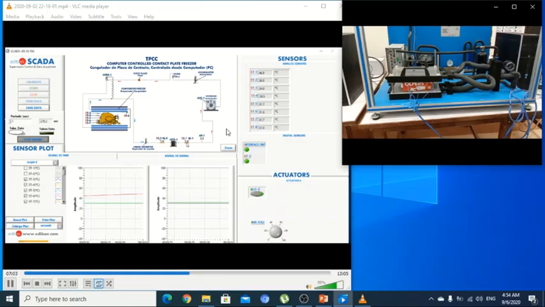ST2 is actually the suction line temperature of the compressor. So it is continuously increasing.